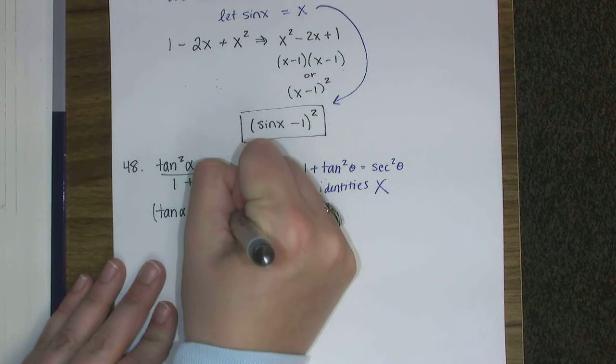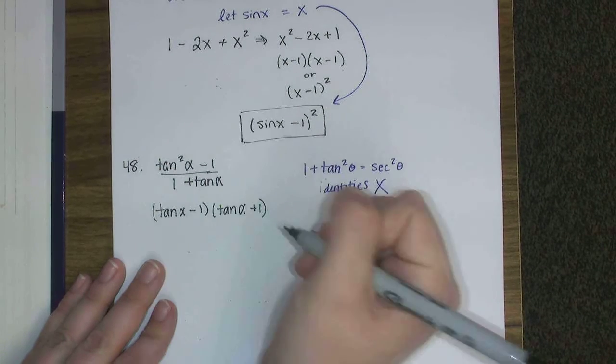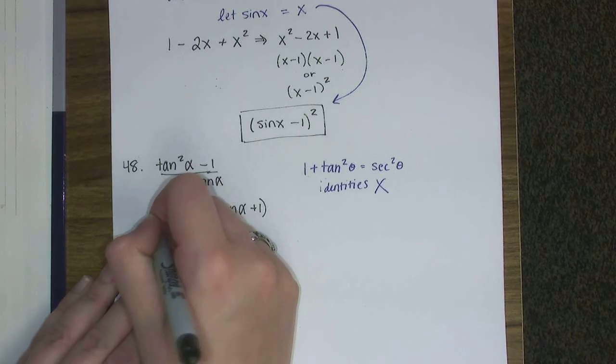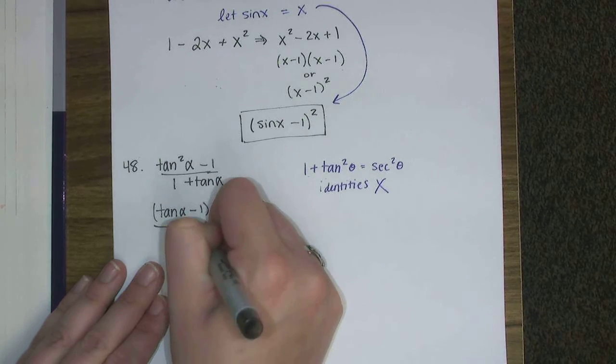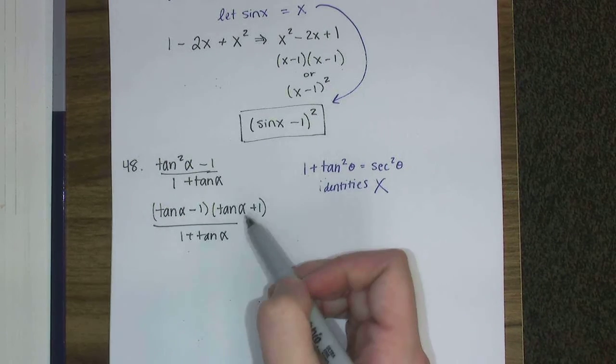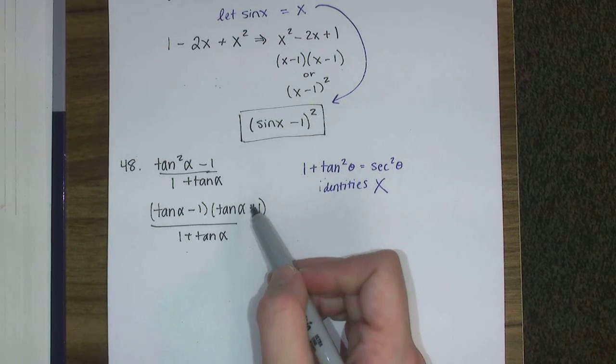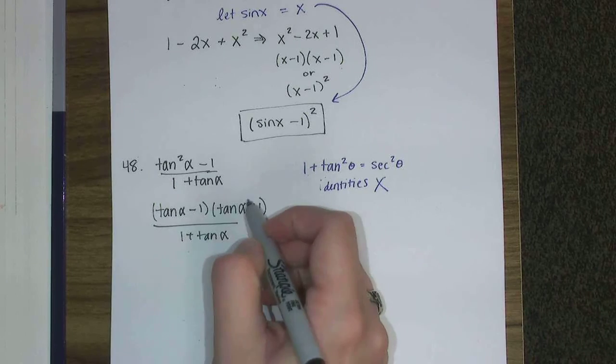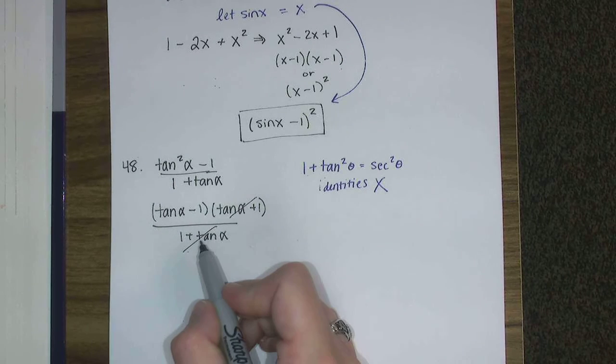That seems like it might help us. So this top part can cancel out with the bottom part. Even though they're in a different order, they're both being added, they're both positive, so we can cancel them out, leaving us with tangent of alpha minus 1 as our answer for that one.